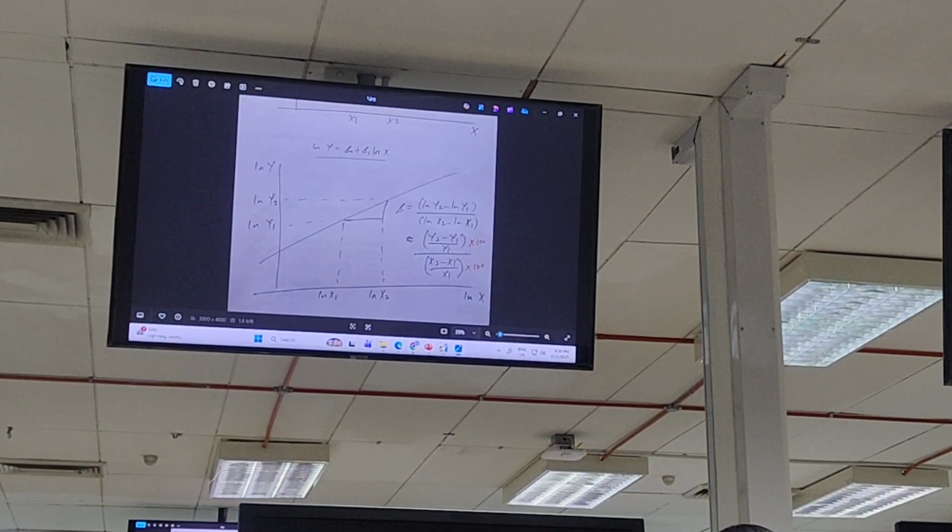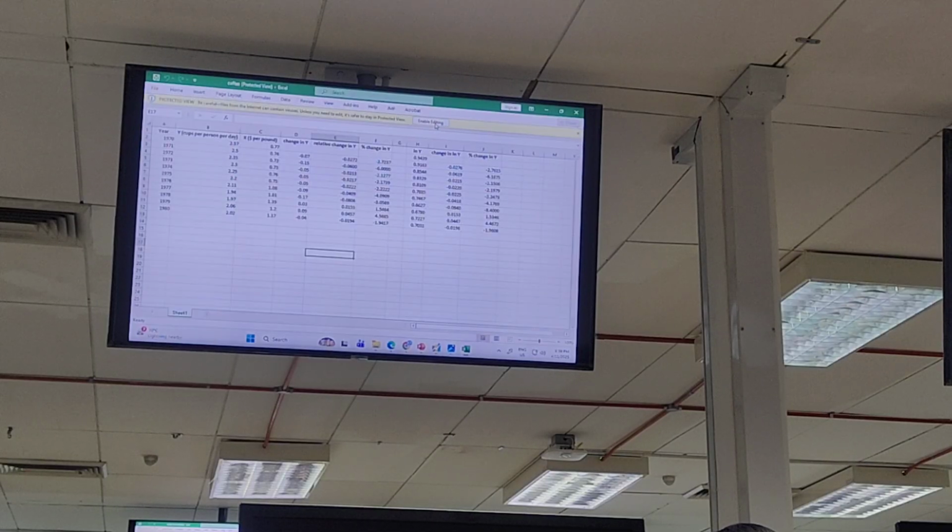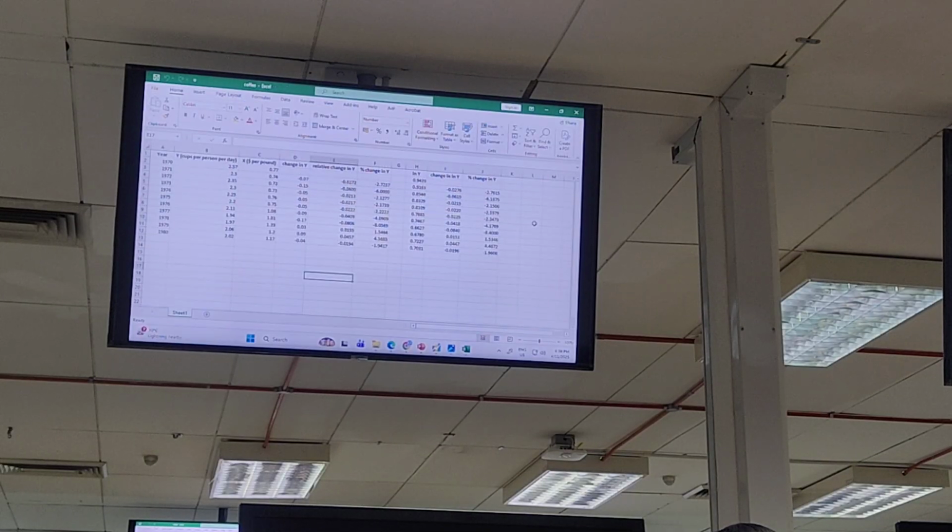So if you open another file, the Excel file, when you use log transformation, it gives us an approximate estimate of relative change. It's not exactly equal, but approximately similar.